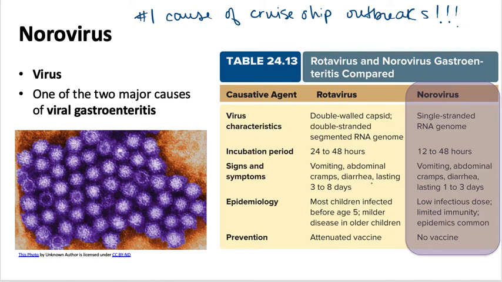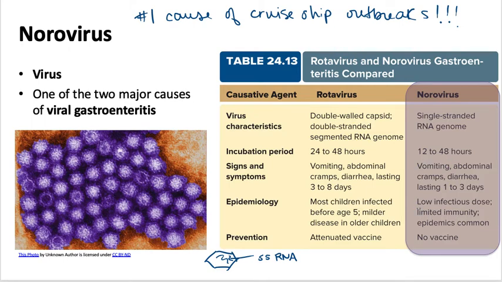So norovirus is a single-stranded RNA virus. So remember, every virus has a protein capsid and a genome inside, and norovirus happens to be single-stranded RNA on the inside. It does not have an envelope, and the incubation period is anywhere from half of a day to 2 days.